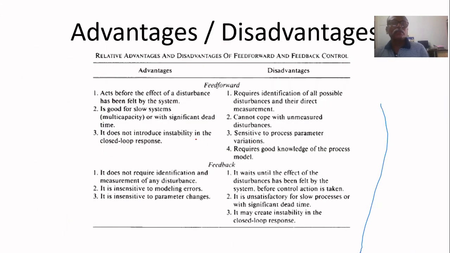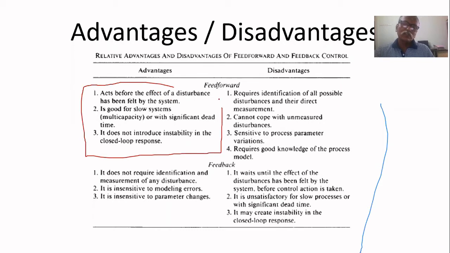Now let us see the advantages and disadvantages. The advantage of the feed-forward controller is that it acts before the effect of the disturbance has been felt by the system. Already, the day before yesterday, we saw that the need for a feed-forward controller is to reject the disturbance before it disturbs the process variable.